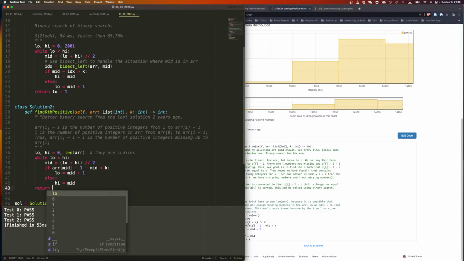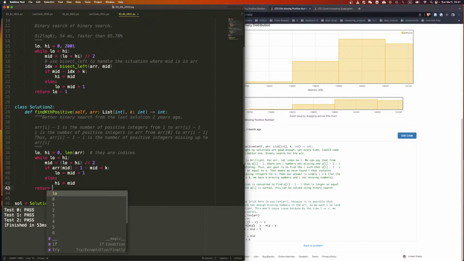So low minus 1, say from this, we have k missing, right? We have k missing, and this value minus 1 is a total in front, and minus mid, that's the total number of this.